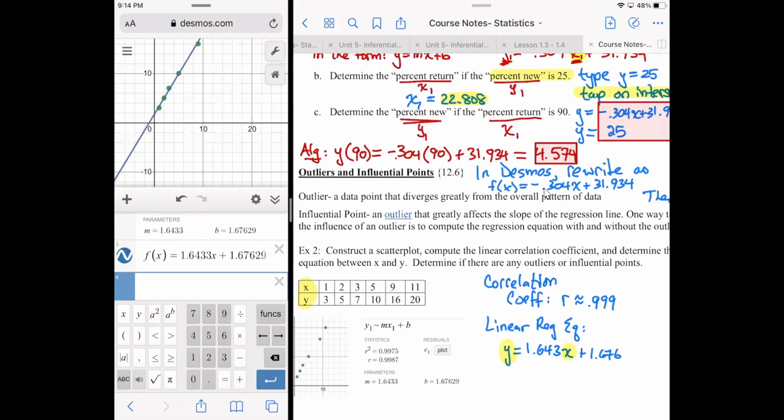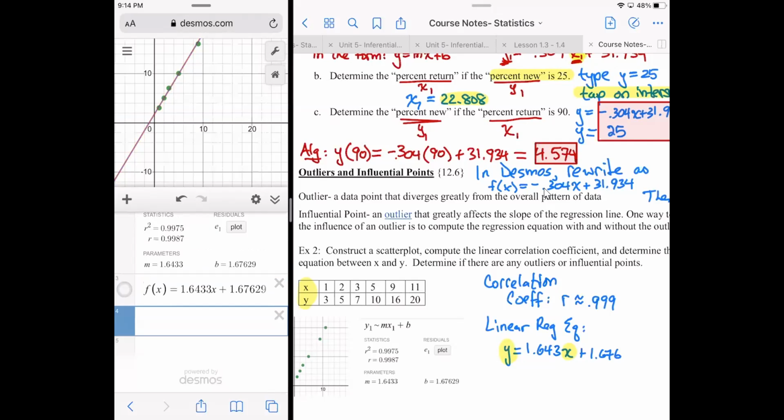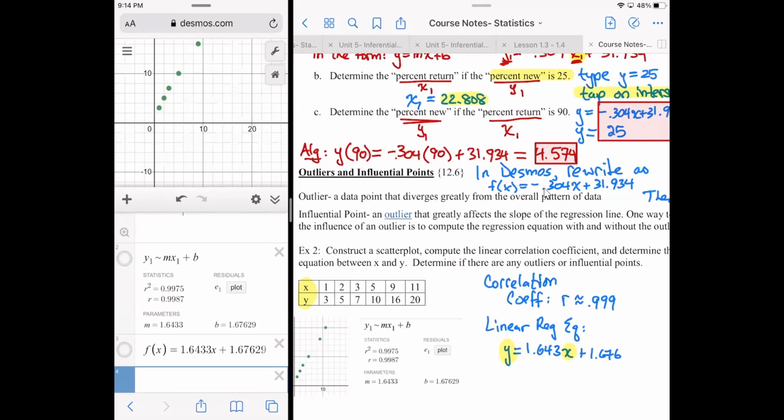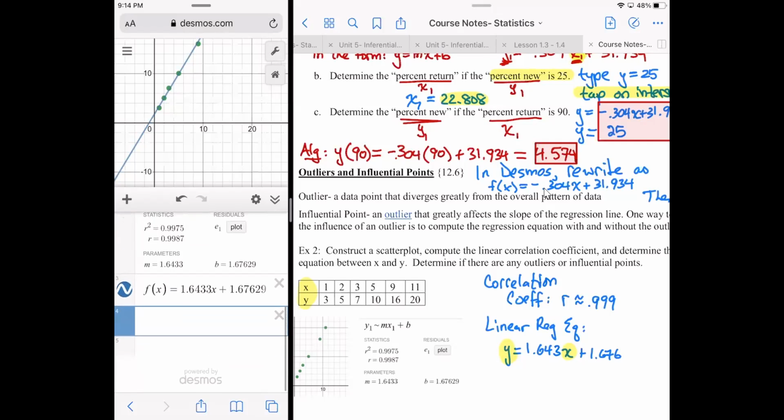Now I like to do a little verification to make sure that I didn't just botch this up. So I'll turn this equation off, and I'll turn the regression equation off, and then I'll turn them back on one at a time and make sure that they're going to the same place. As long as they're going to the same place, I'm confident that I typed it in correctly.